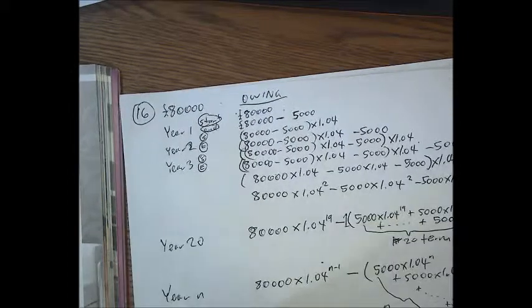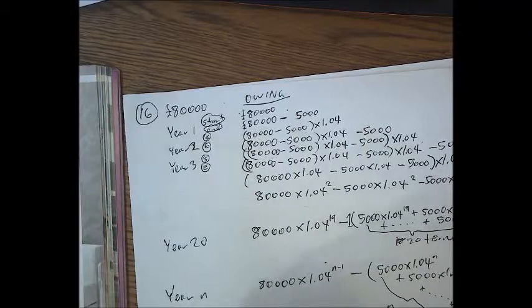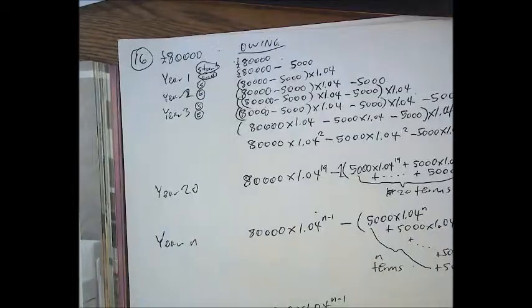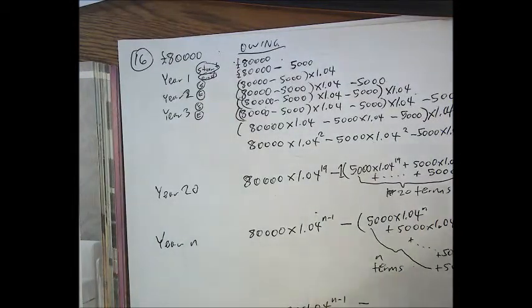Which means what you owe is this grand formula here. It's 80,000 times 1.04 to the power of n minus 1, minus, this is a geometric sequence, I'm going to imagine it starts there and ends there. So the first term is 5,000, the common ratio is 1.04.